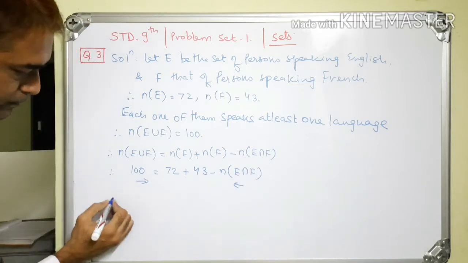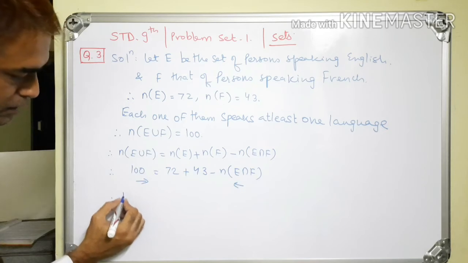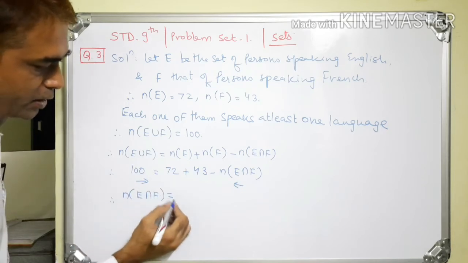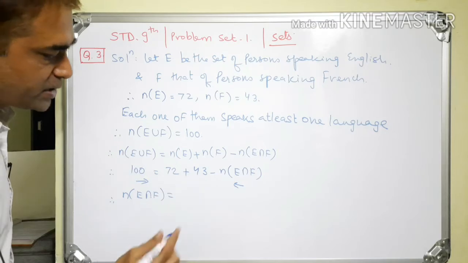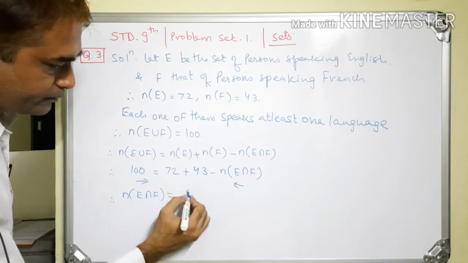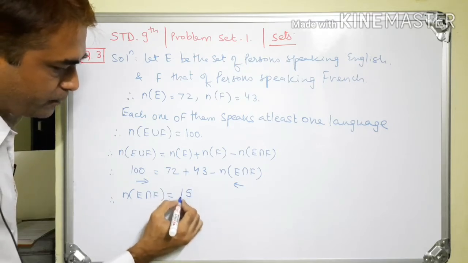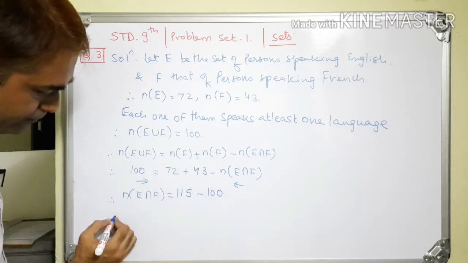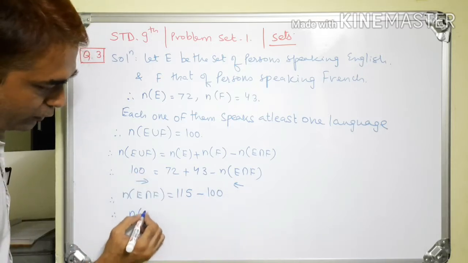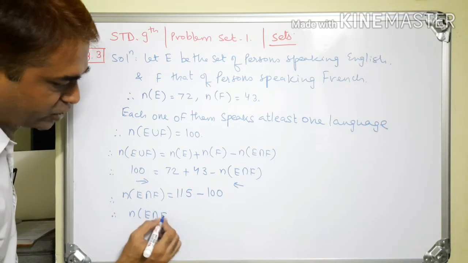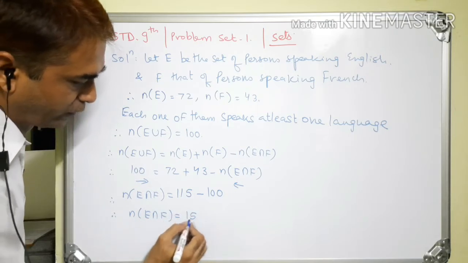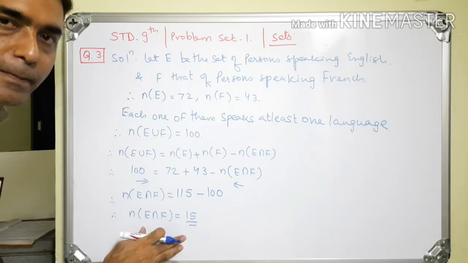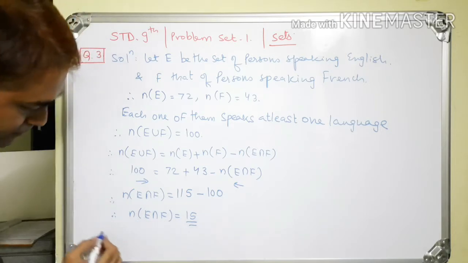Therefore n(E intersection F) equals 72 plus 43, 115, minus 100. Therefore the number of elements in set E intersection F equals 15. It means 15 persons speak both the languages.